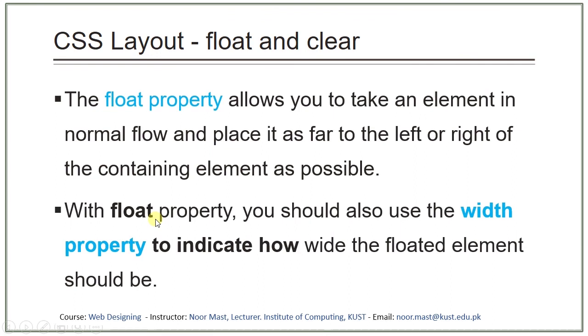With the float property, you should also use the width property to indicate how wide the floated element should be. If you do not use the width property, results can be inconsistent, but the box is likely to take up the full width of the containing element.